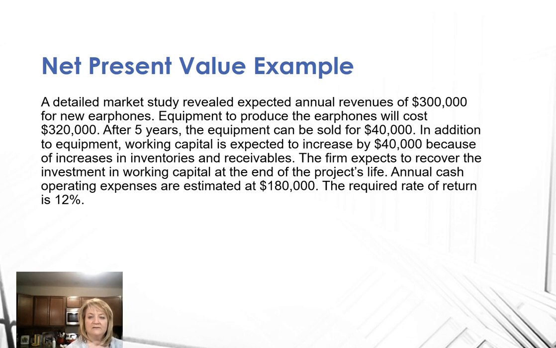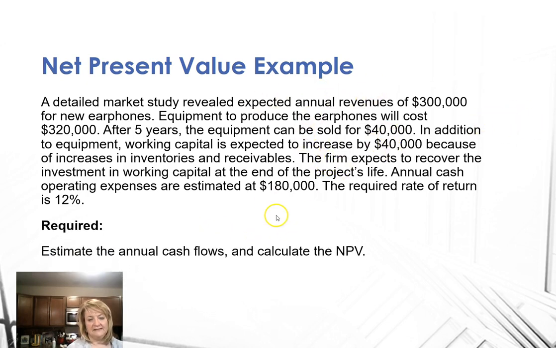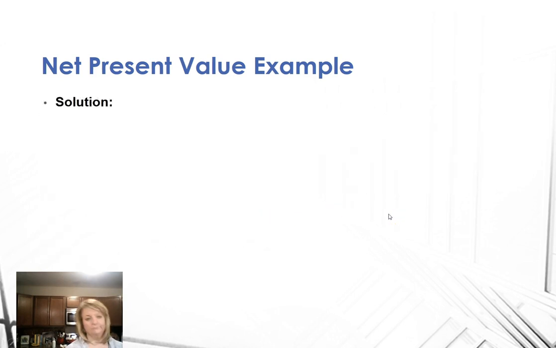The firm expects to recover the investment in working capital at the end of the project's life. Annual cash operating expenses are estimated at $180,000. The required rate of return is 12%. Estimate the annual cash flows and calculate the net present value.